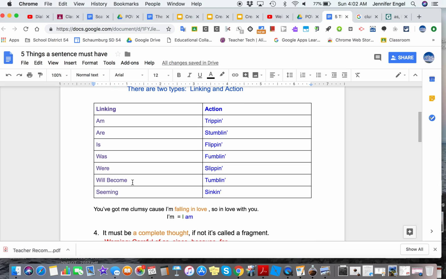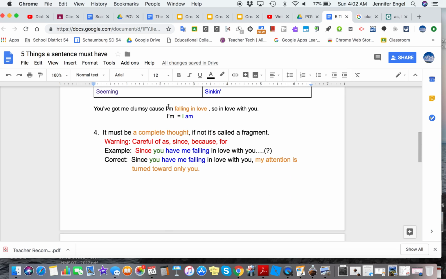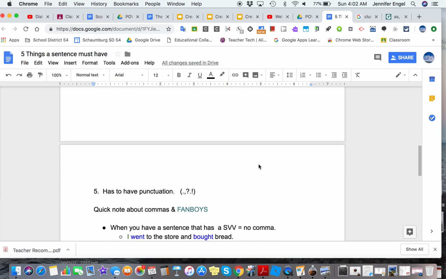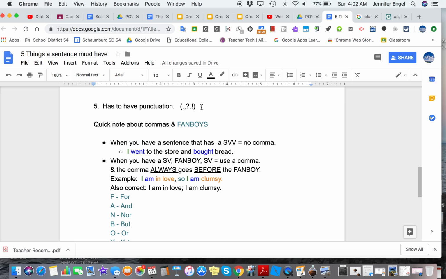Make sure it has a verb, either linking or action. Careful for words like this, because those actually are the subject and verb within one word. Make sure that it is a complete thought. When you see sentences that start with things like since, make sure that that is also a complete thought, and you put that comma before that second subject. Make sure all sentences have a punctuation.